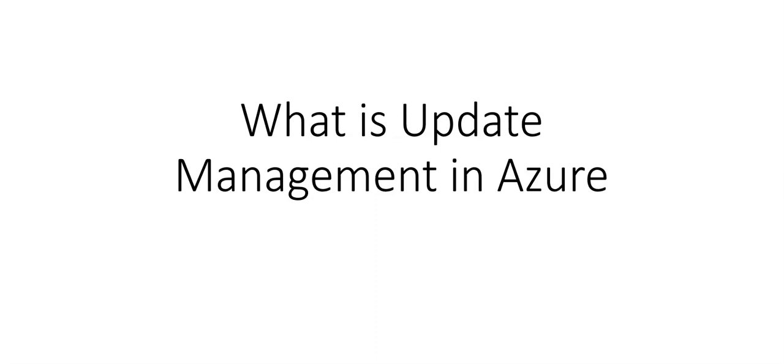So if you go under the virtual machines section in the Azure portal, you can select the virtual machines for which you want to enable update management, and then you can do it on the fly for more than one virtual machine. We also have a resource management template available to help us deploy update management to a new or existing automation account and log analytics workspace, because you would need a log analytics workspace as well when you enable update management.